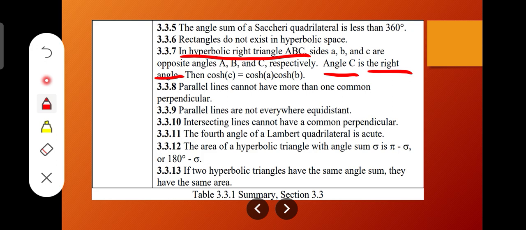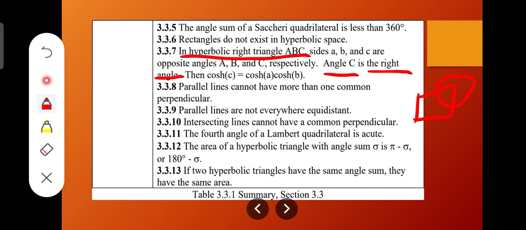Then 3.3.11, the fourth angle of a Lambert quadrilateral is acute, as I explained earlier. The figure earlier is the Lambert quadrilateral A, B, E, G. Its fourth angle is acute, so less than 90 degrees.